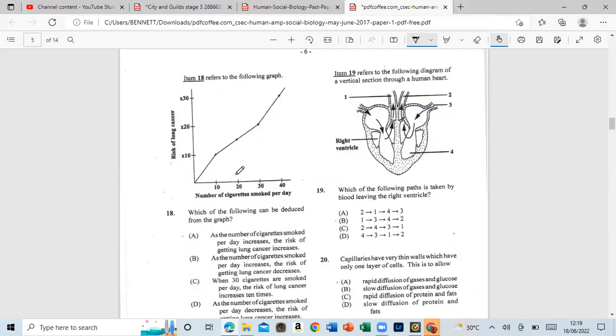As the number of cigarettes smoked per day increases, the risk of getting lung cancer increases. I'm going to go with A. The option saying the risk decreases, no.